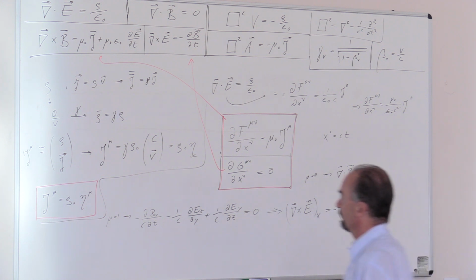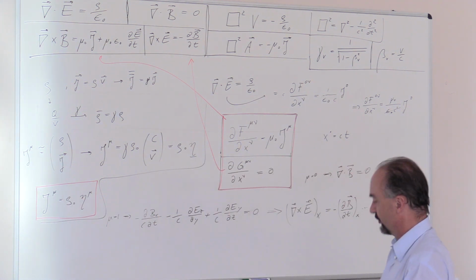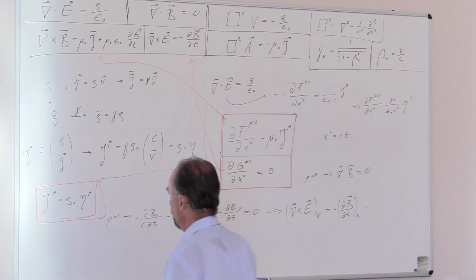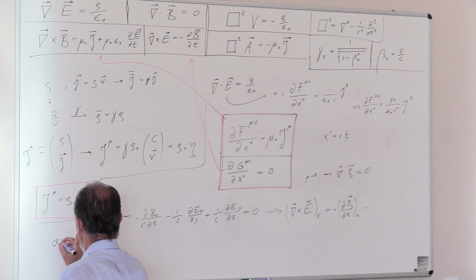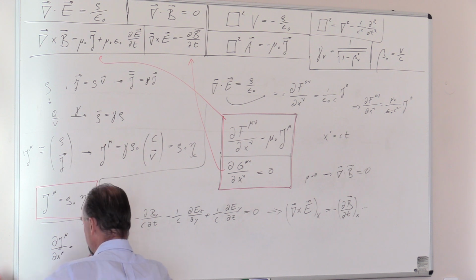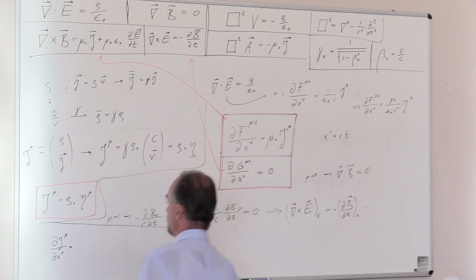One other thing we can actually do with our 4-vector charge density, if we do something similar to this with our charge density, if we calculate dj mu over dx mu, so essentially take the 4-dimensional divergence of this.